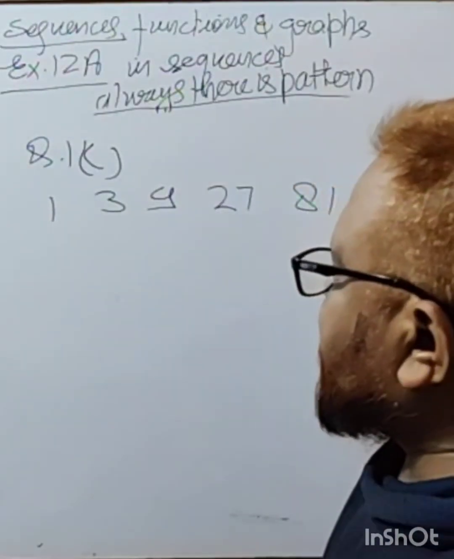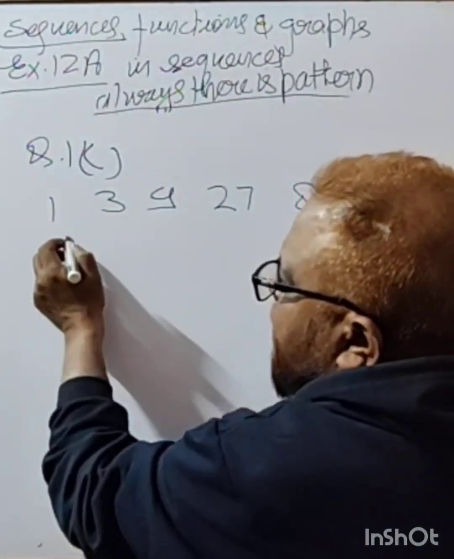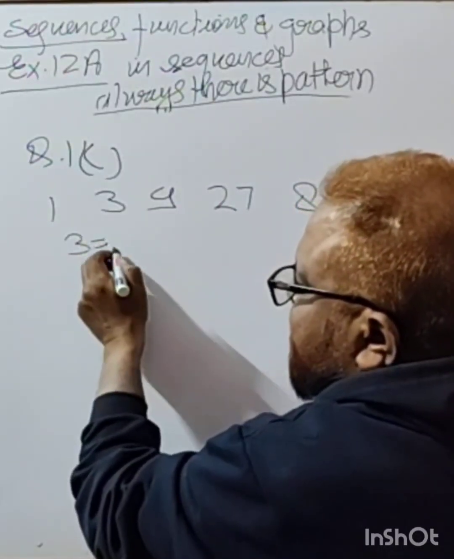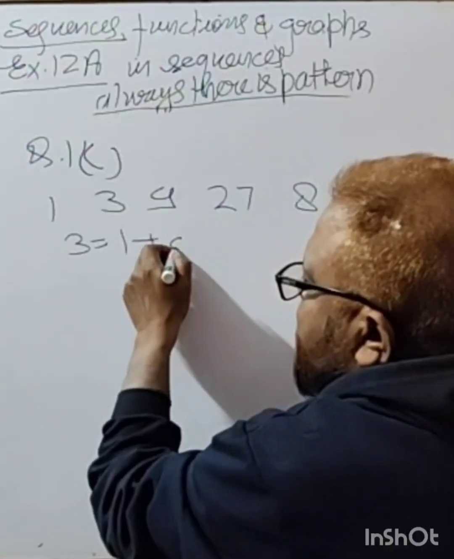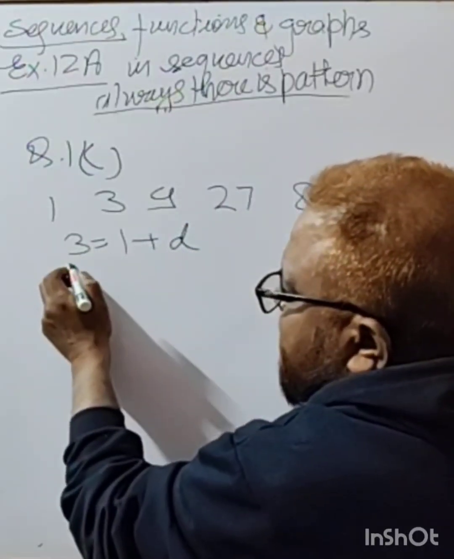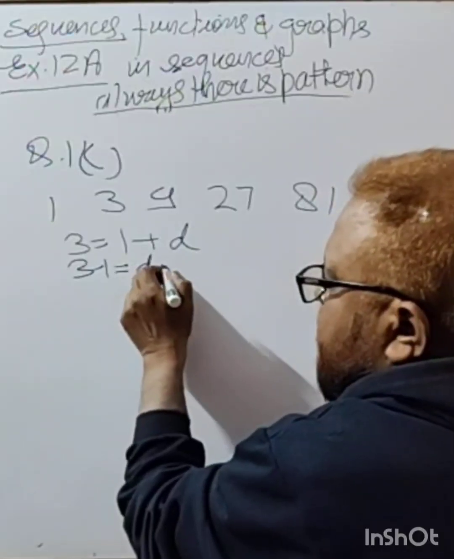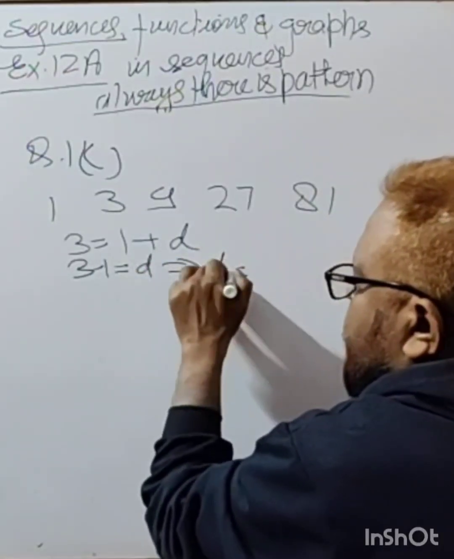Here 3 is equal to 1 plus d, so 3 minus 1 is equal to d. Therefore, d is equal to 2.